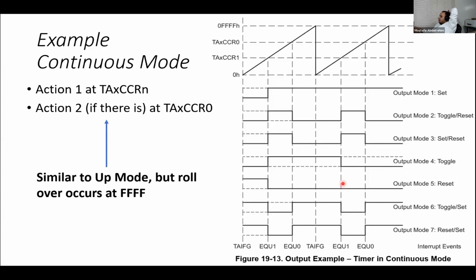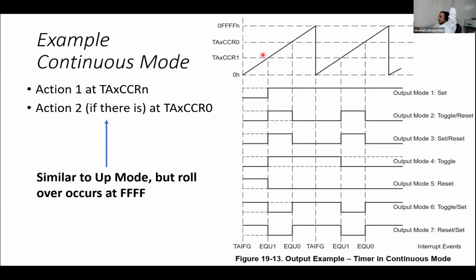It's already reset. Toggle set, toggle with this one from 1 to 0. If the start was 0, then we'll go up. Then here we will set. So we just put 1, whatever the previous value is. And finally, set reset: we reset with CCR1 and we set with CCR0.